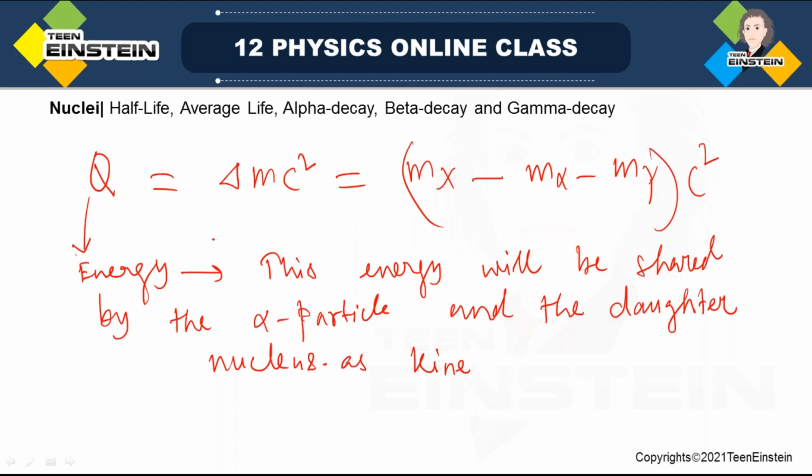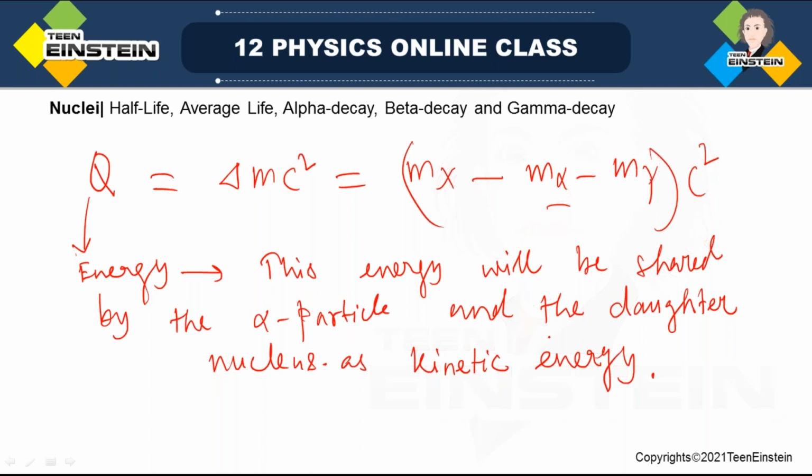That means even if the parent nucleus X is at rest, these two will come out with kinetic energy. The alpha particle and the daughter nucleus will be produced with some kinetic energy.